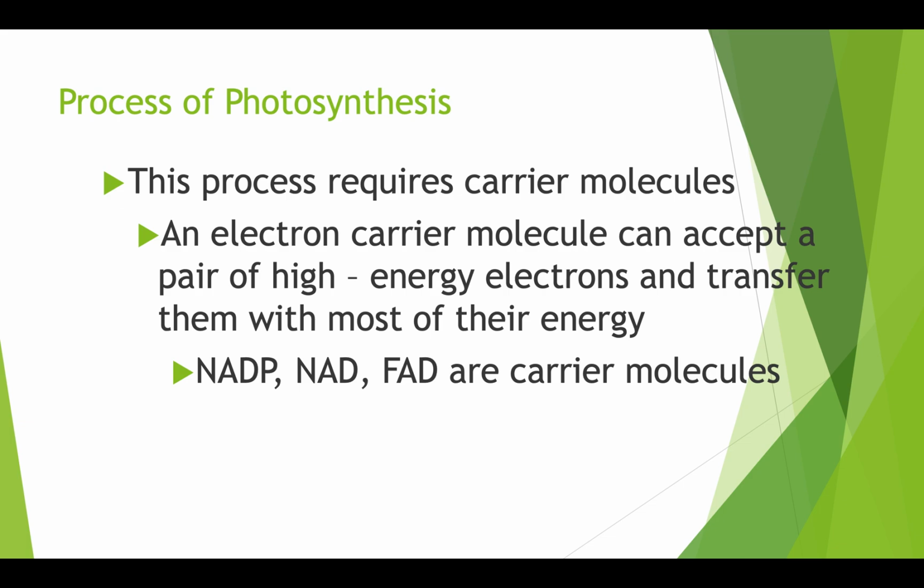The process of photosynthesis requires carrier molecules. An electron carrier molecule can accept a pair of high energy electrons and transfer them with most of their energy. NADP, NAD, FAD are all carrier molecules.